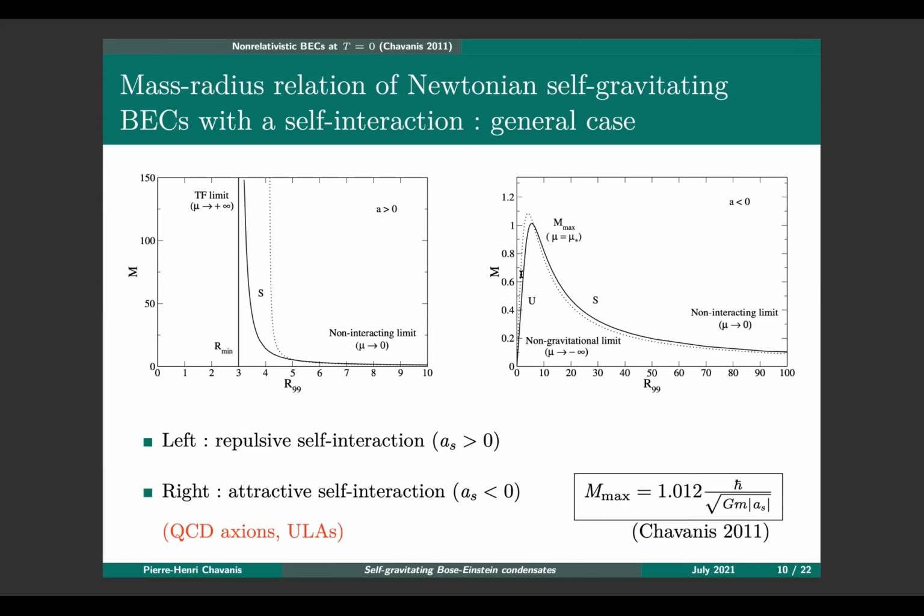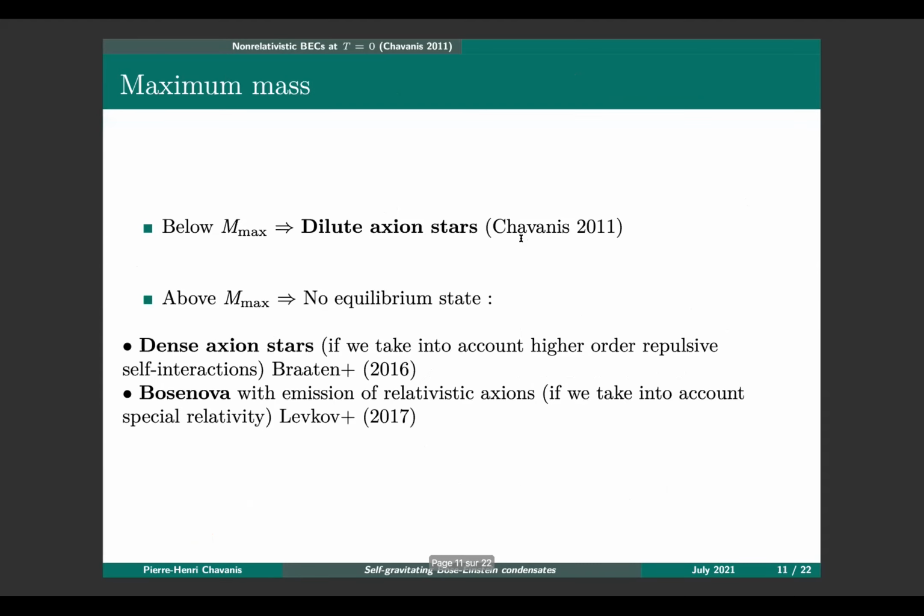The other one is unstable. And if we are above the maximum mass, there is no equilibrium state anymore, and the system will collapse. So below the maximum mass, we have stable equilibrium states, which are called dilute axion stars. And above the maximum mass, there is no equilibrium state anymore.